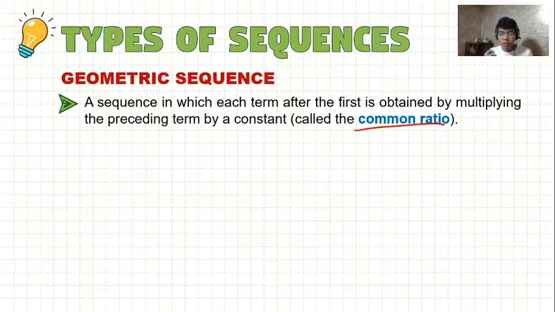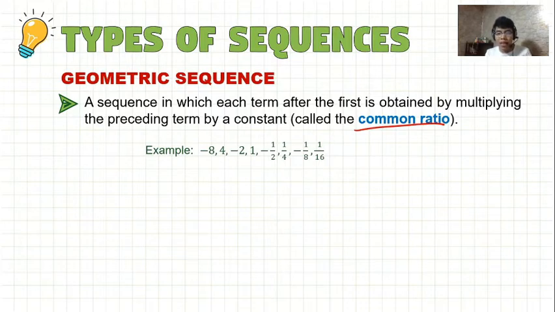Okay, magmo-multiply tayo. Example, this one. Negative 8, 4, negative 2, 1, negative 1 half, and so on until 1 over 16. Observe that the common ratio of this geometric sequence is negative 1 half. If you will multiply negative 1 half to negative 8, you will obtain 4. 4 times negative 1 half, then you have negative 2, and so on.